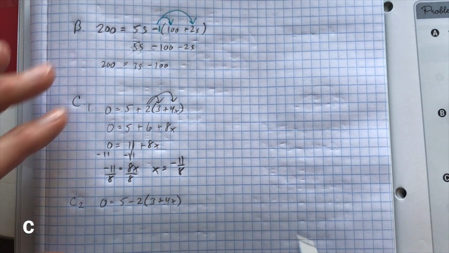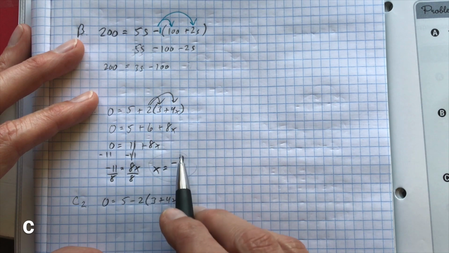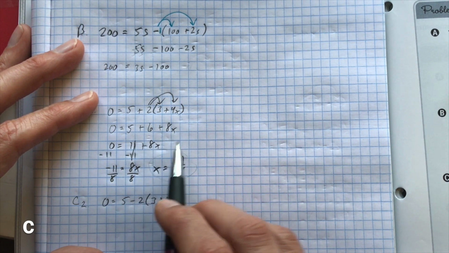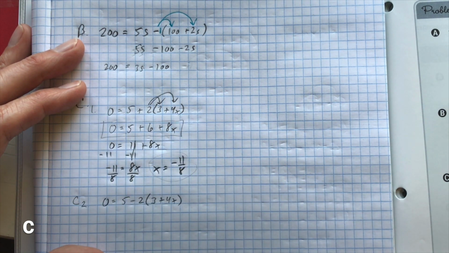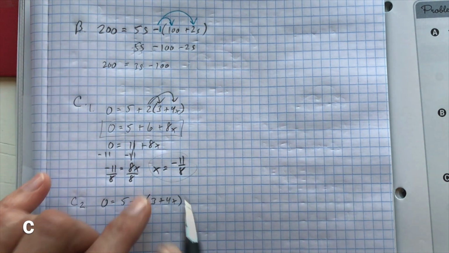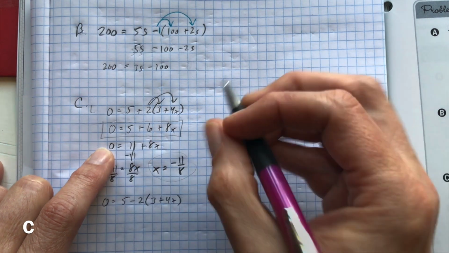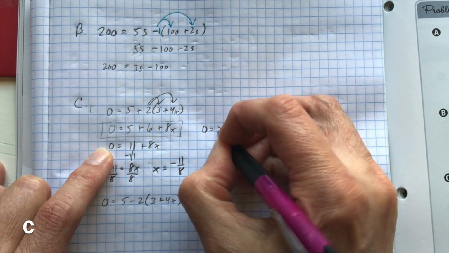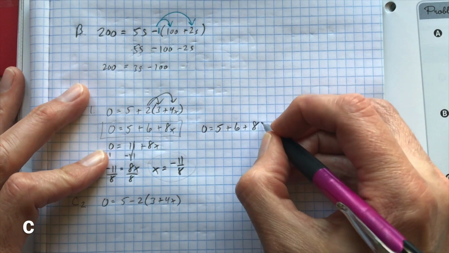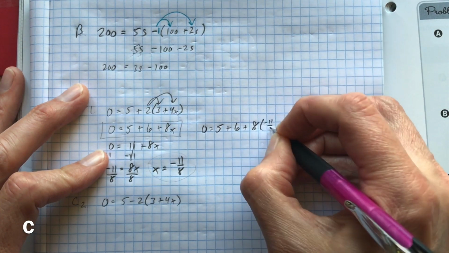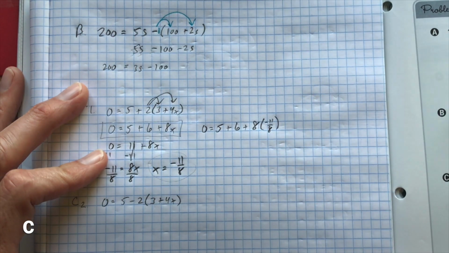In this case over here, we're gonna take this value and plug it back into this setup. I'm actually gonna plug it into this one here because it's a little bit more simplified. We don't have to redistribute everything through. So if I rewrite this out here, 0 equals 5 plus 6 plus 8 times negative 11 over 8.